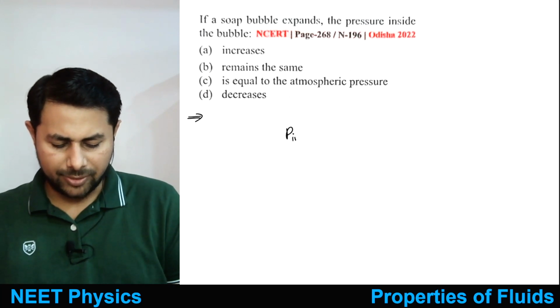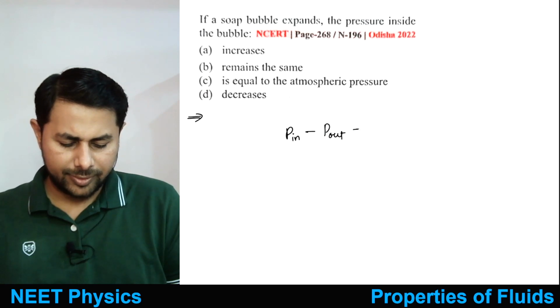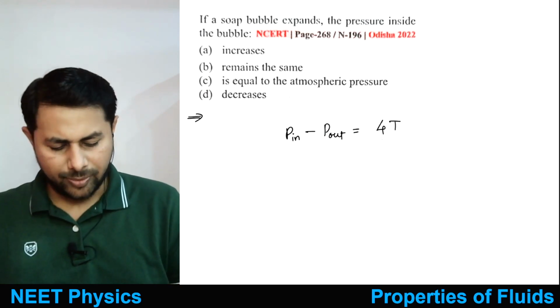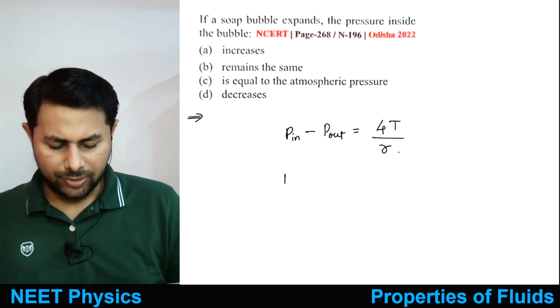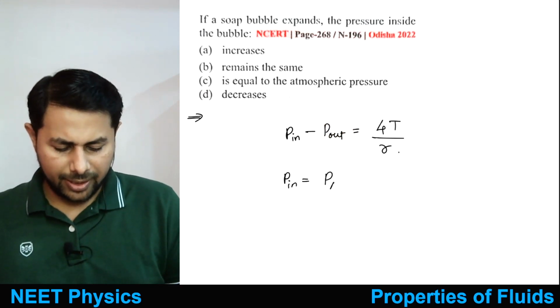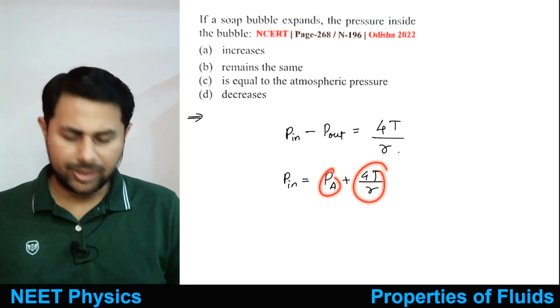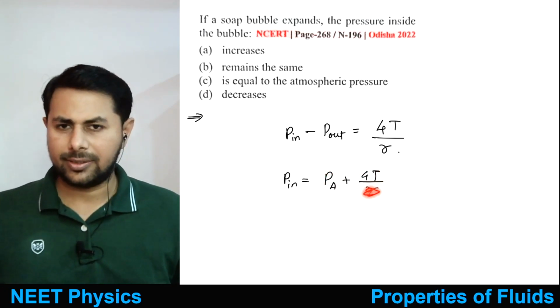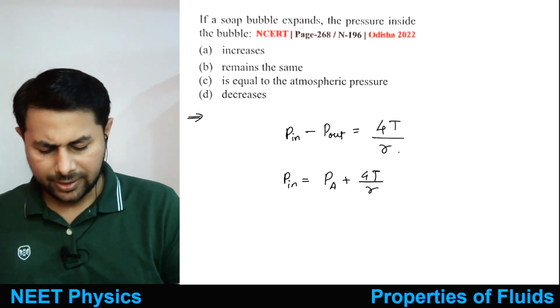Because P in minus P out, this is a bubble, so 4T divided by R. P out is the atmospheric pressure, which will remain the same. So P in is equal to atmospheric pressure PA plus 4T by R. If R increases, this factor 4T by R will decrease, so pressure will decrease.